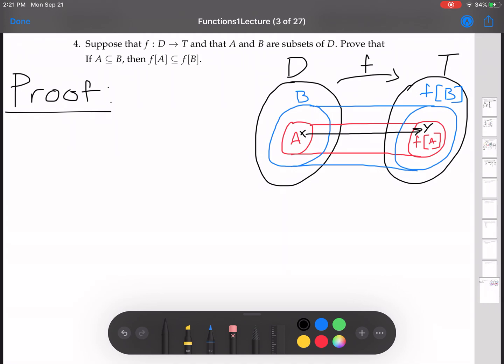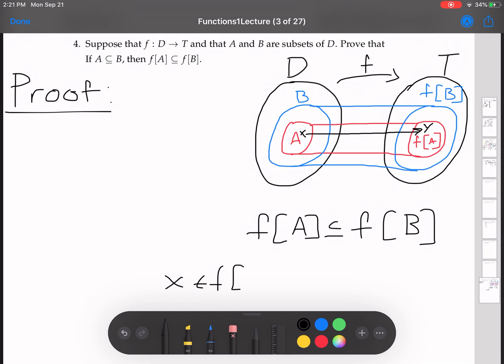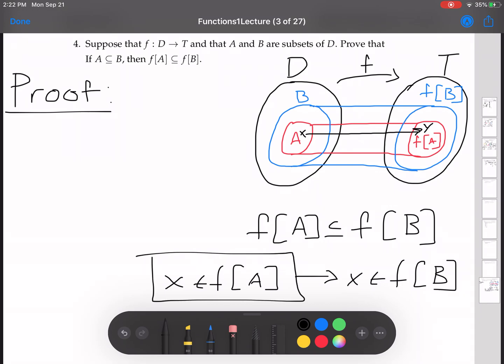Now remember, when we're trying to prove that f of A is a subset of f of B, what this really means is that if x is in f of A, then x is in f of B. So we're trying to prove this statement. Remember, to prove this statement, we can make this assumption.